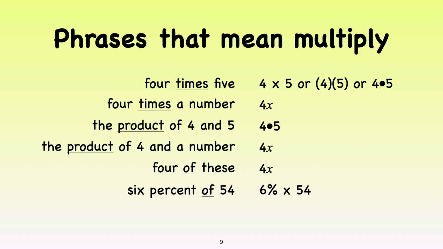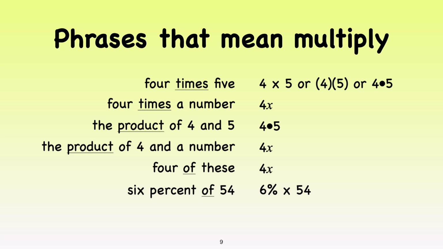Here are some phrases that mean multiply. 4 times 5. That's obvious. You did that one in arithmetic. 4 times a number. Since I don't know what the number is, I can call it x and just put 4 next to x. The product of 4 and 5.